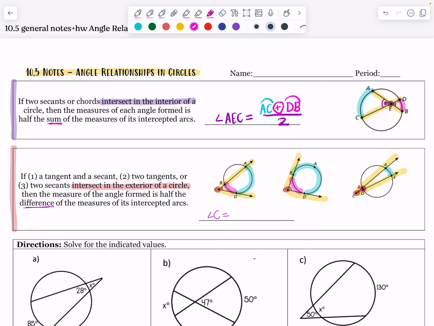So how do I find angle C in this first situation? It's going to be my blue arc, which is arc AD, minus my pink arc, because it says difference, BD, divided by 2. And that is how you're going to get angle C in this first picture. Okay?